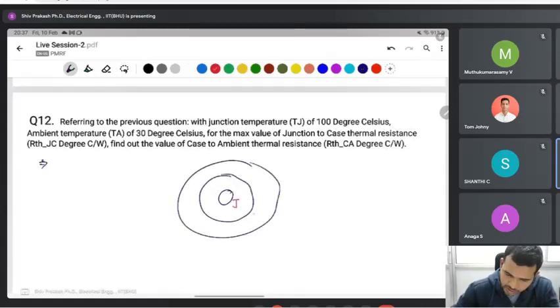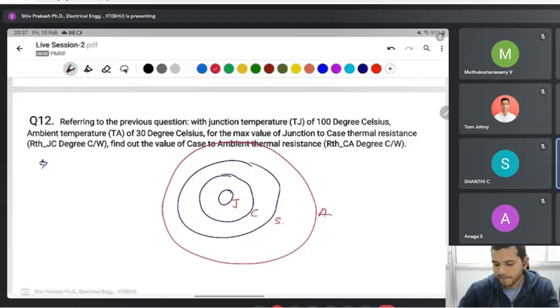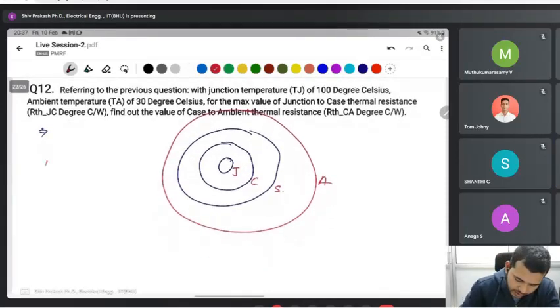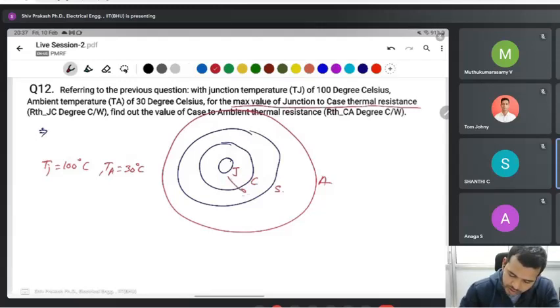This one is the junction, this one the case and heat sink, this one the ambient temperature. Tj is given 100 degrees centigrade and Ta is given 30 degrees centigrade. As mentioned here, the maximum value of junction to case thermal resistance.